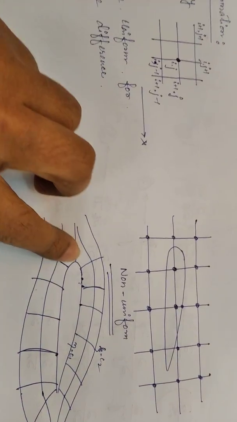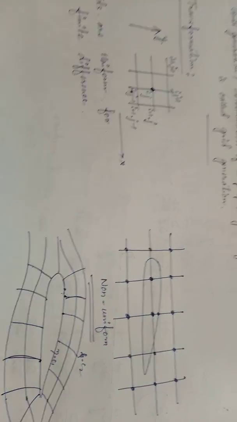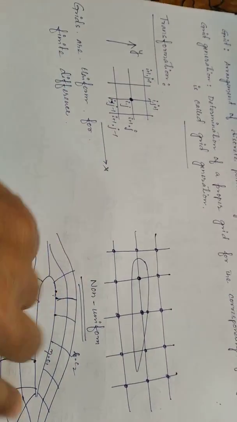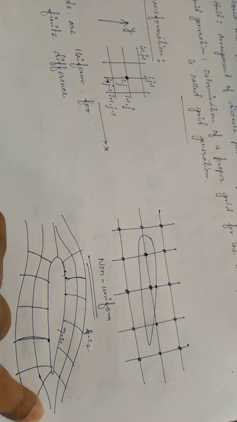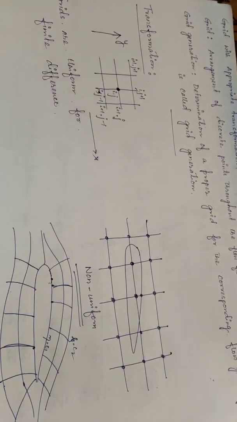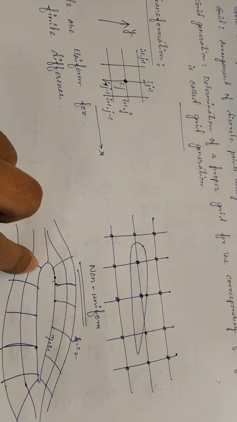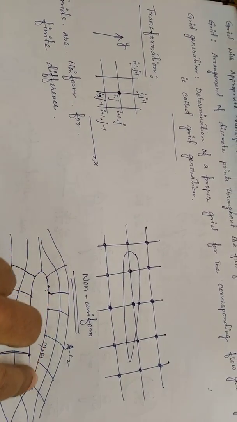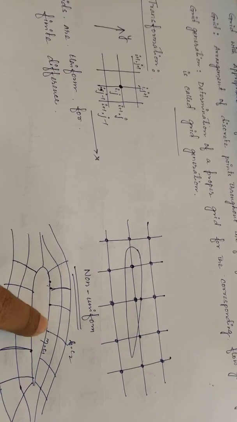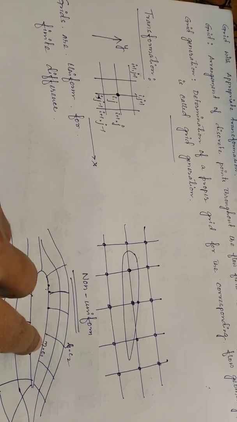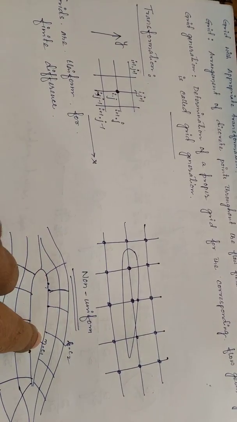So this is the wing of the plane, and air is flowing in this direction, in the neighborhood of the wing. Now we define the grid like this. Suppose this is one surface, eta, and the perpendicular lines are xi. So there are two new variables, one is xi and one is eta.